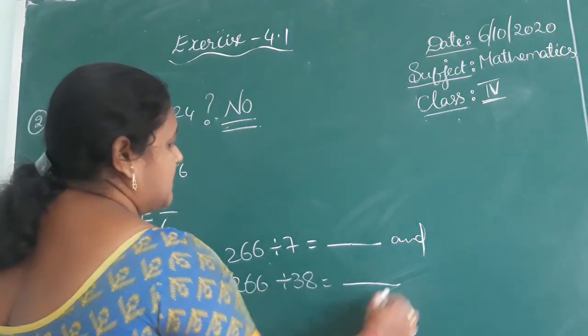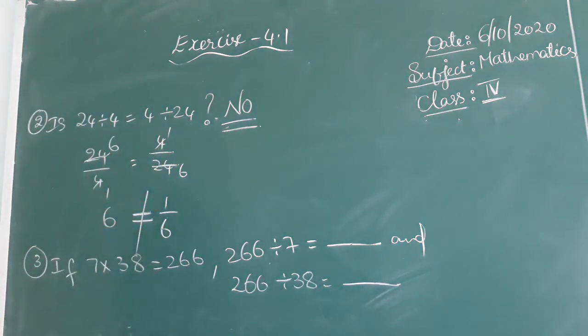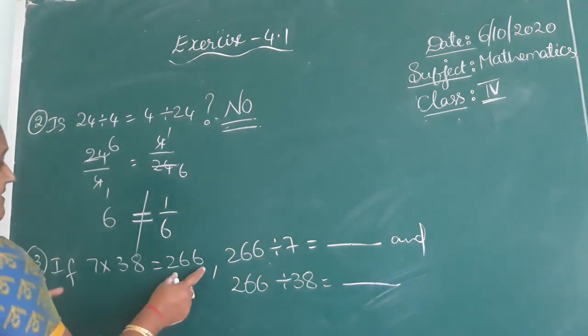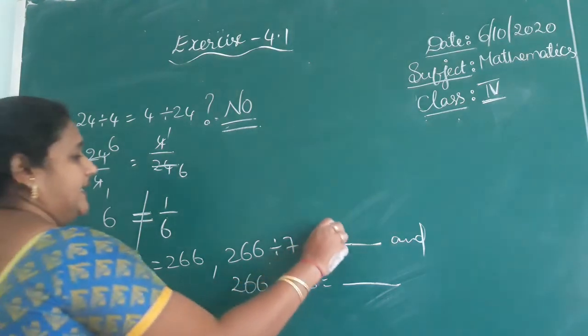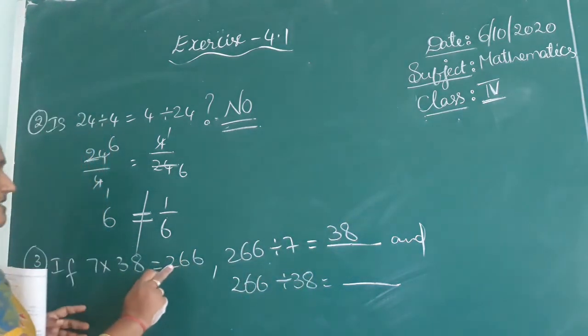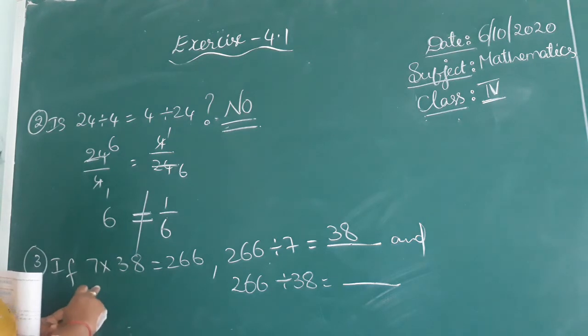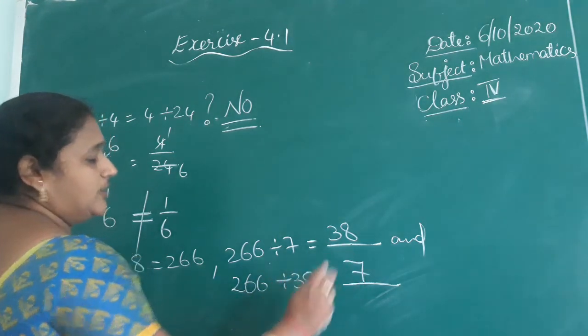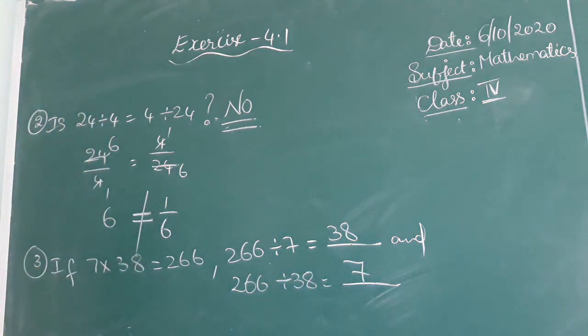Children, basing on the division facts, it is easy to say that if we divide 266 by 7, you will get 38. And if 266 is divided by 38, you will get 7. Basing on the division facts, you can say it easily. Okay. See the next one.